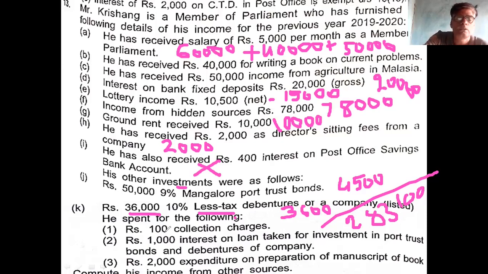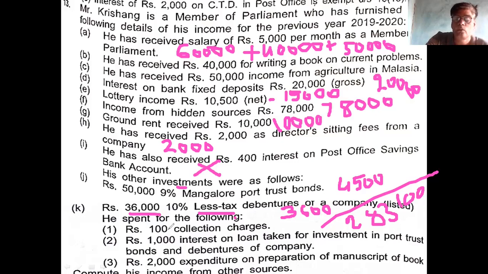Allowable expenses: 100 rupee collection charge, and 1,000 interest on loan taken for the trust bond. The trust bond is taxable, therefore it is allowable. And 2,000 expenditure incurred for manuscript, relating to royalty received on books.